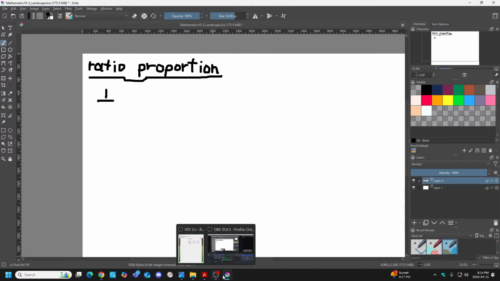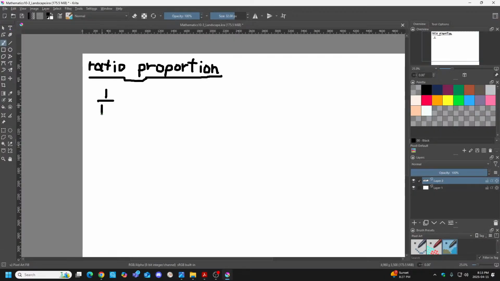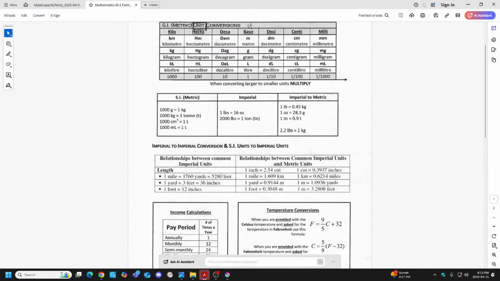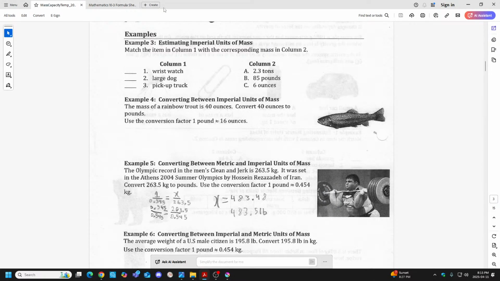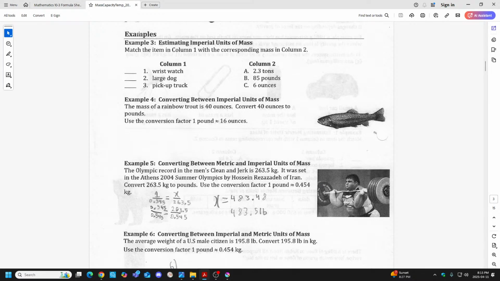So, okay, ratio proportion. Going back here, we have 1 pound equals 16 ounces. Okay, so I'm going to go 1 over 16. Now here's the secret, guys. You have to remember which is the numerator, which is the denominator. Okay, pound is on top, ounce is on the bottom.